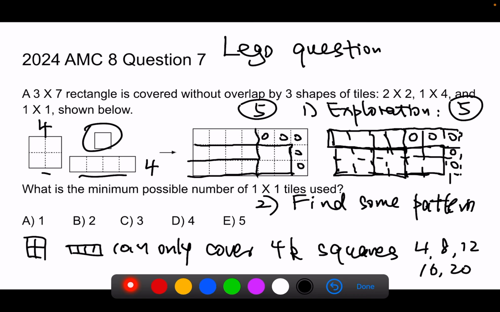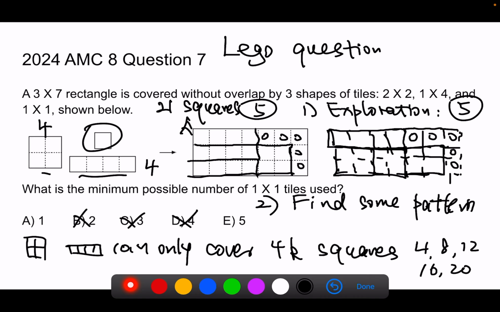Now look back to our question. We need to cover a 3 by 7 shape, which means we have 21 squares to cover. Without using our 1 by 1 tile, you can only cover 4, 8, 12, 16, 20 squares, which means the number of 1 by 1 tiles you need to use can only be 1 or 5, because 2, 3, 4 wouldn't work.